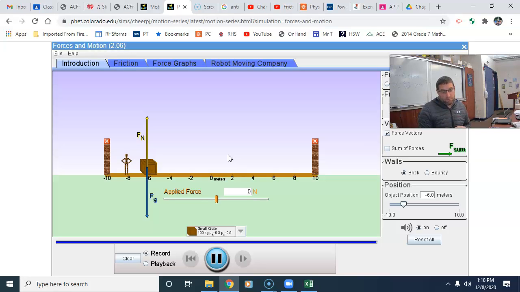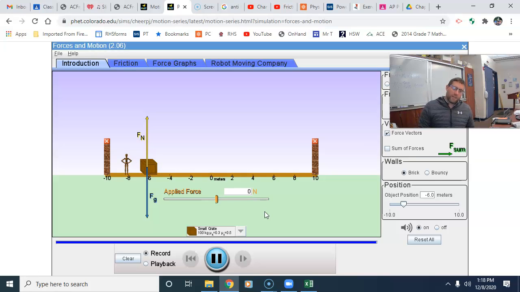And yes, you did work on your muscles and you got tired from that, but that's not the question. What the question was, is if I push on this crate and apply a force to it, do I do work on that crate? And the answer is no, absolutely not, because the crate did not move. So you have to have displacement to do work on something.